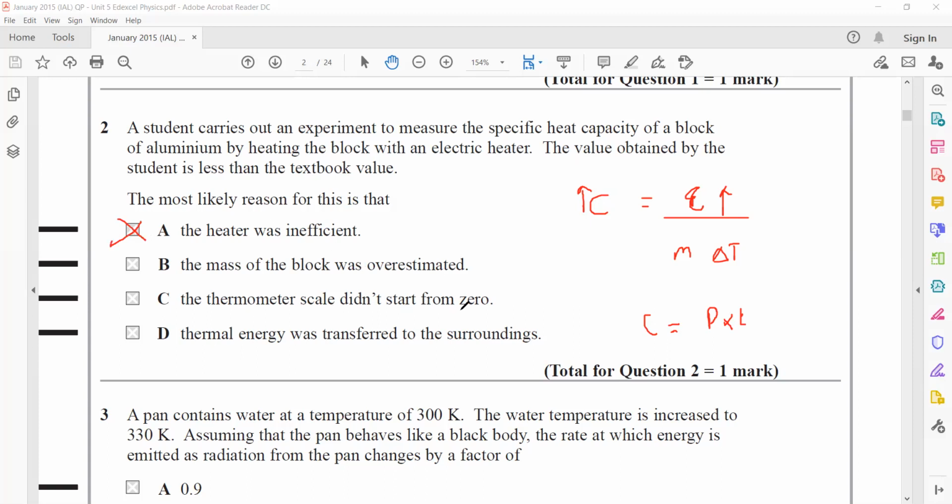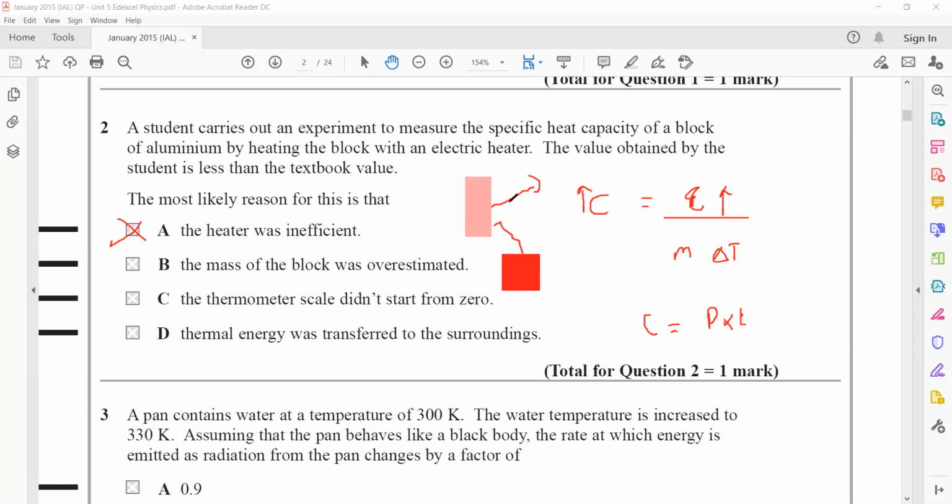The thermometer scale did not start from 0. This will not have any effect because that depends on the temperature change. The thermal energy was transferred to the surroundings. If you are supplying heat energy to a block with the heater, and thermal energy is transferred to the surroundings, so what happened?